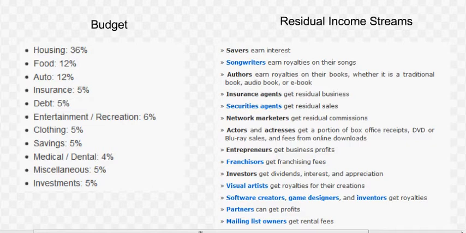He had one, which was real estate, but I expanded it to talk about other income streams, and I'm going to share with you how that's done today.